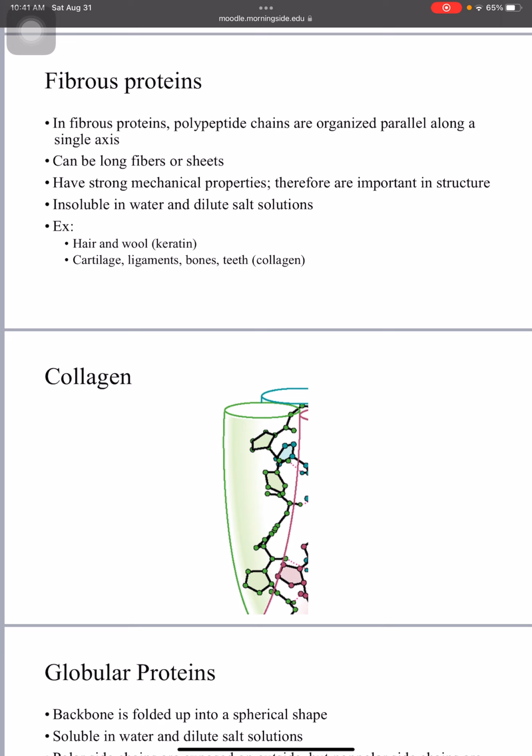Scurvy is a deficiency in vitamin C. When you're on the ocean, a lot of times they did not have readily available sources of vitamin C. Vitamin C just so happens to be essential for the synthesis of collagen. So as sailors would be out on the sea for weeks and months at a time, a lot of times they would notice that their gums would start bleeding.